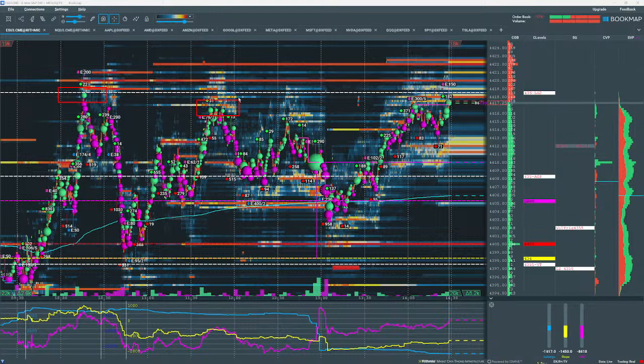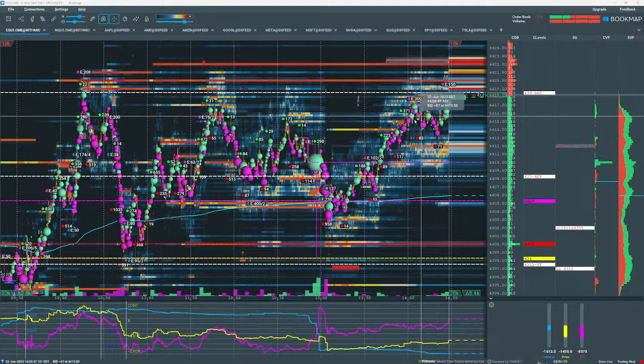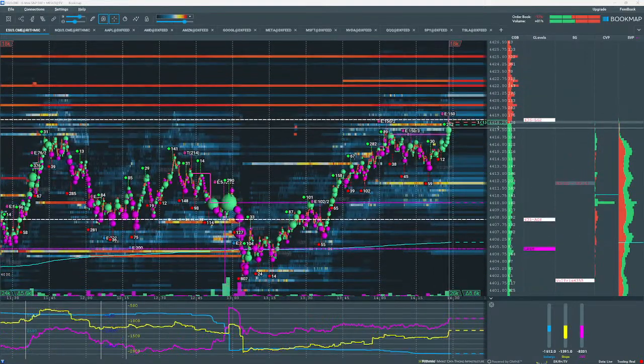And to me, this order flow is not especially bullish, other than looking at the short term at the volume dots. So this kind of looks like a little small stop run up to this 436 level.